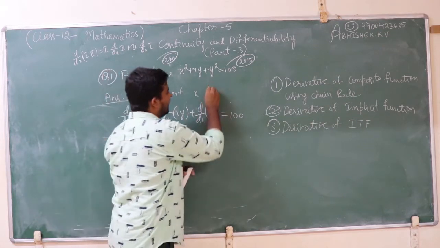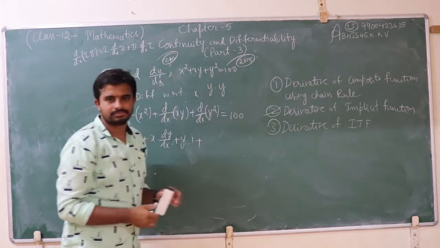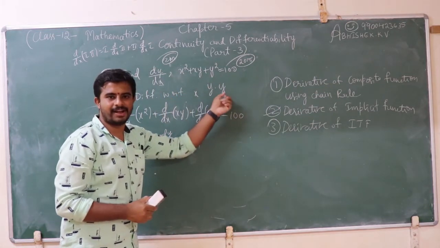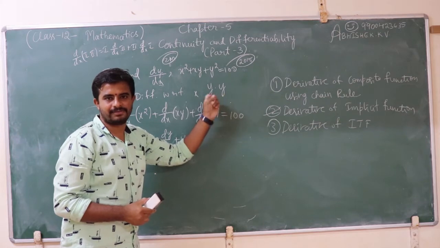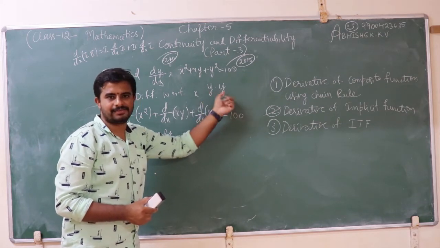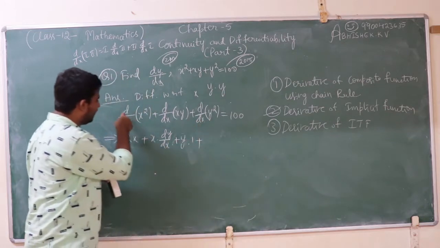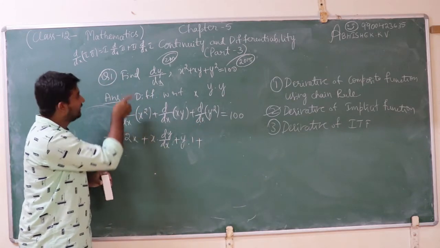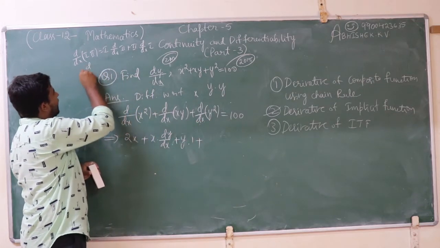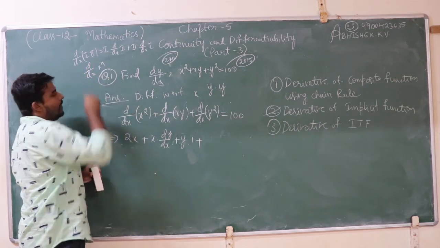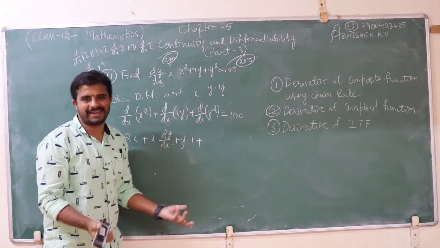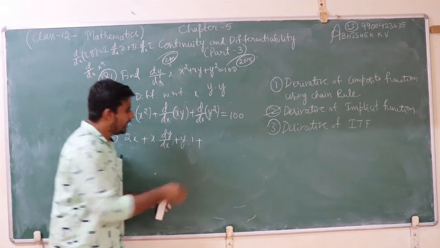Y square can be written as y into y, a composite function of the same variable but 2 times. So we need to apply the derivative of x to the power of n, where instead of x we have y, a different variable.